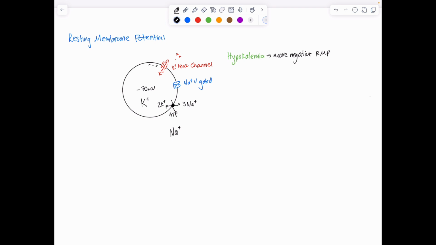And another concept that is important to understand is driving force. And so driving force can be calculated by the RMP minus E. And E here is the Nernst equation.